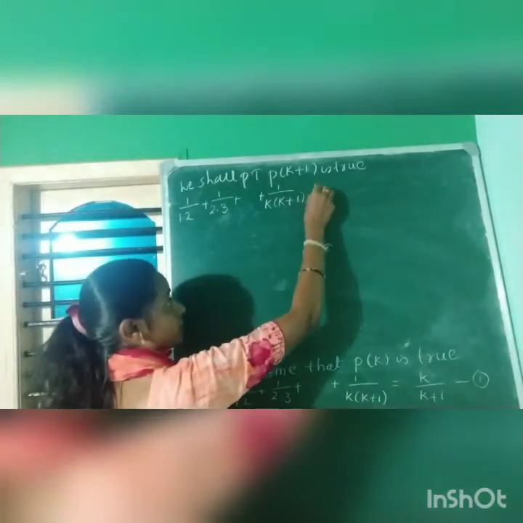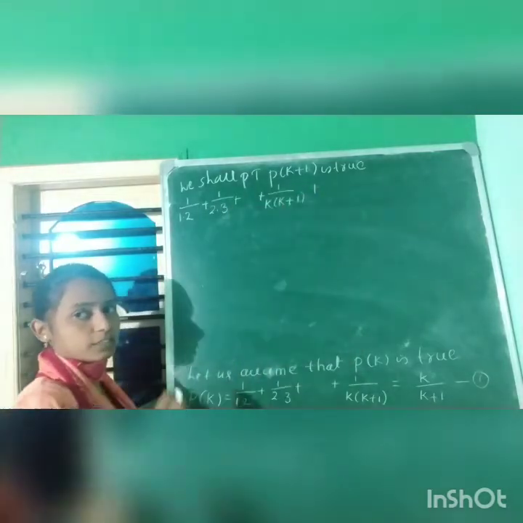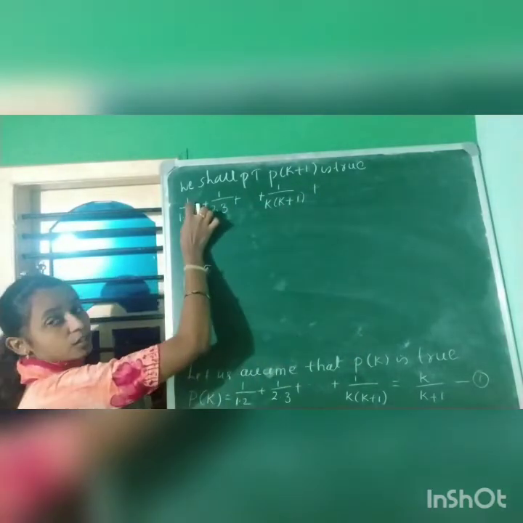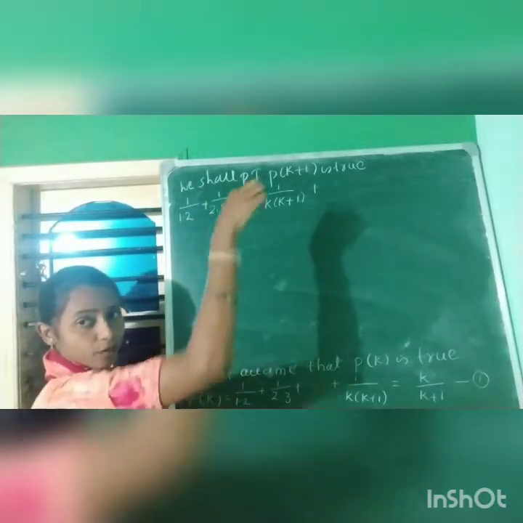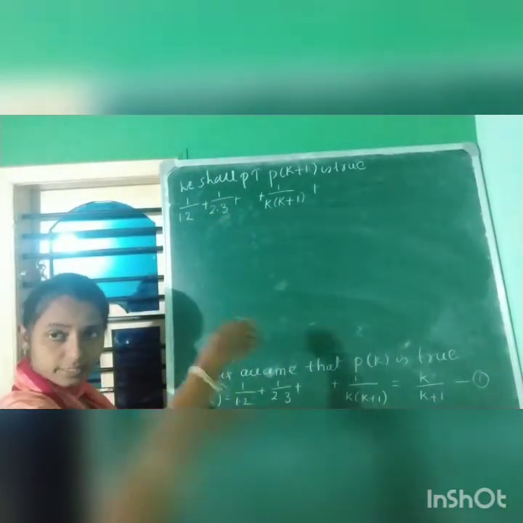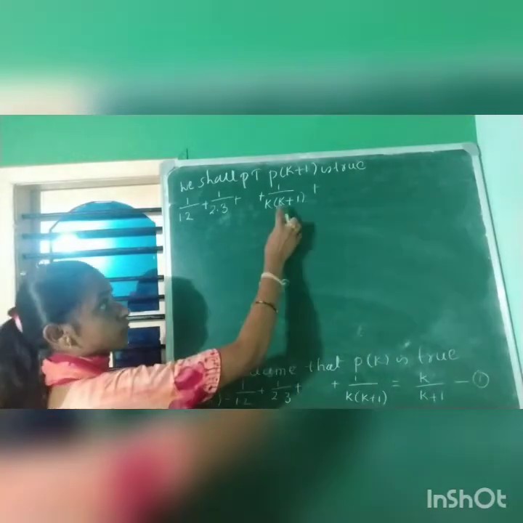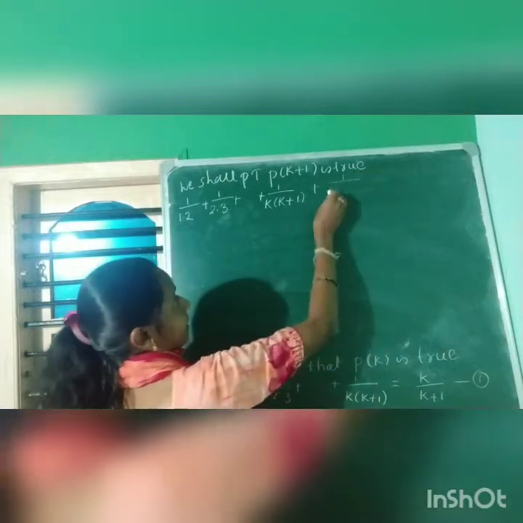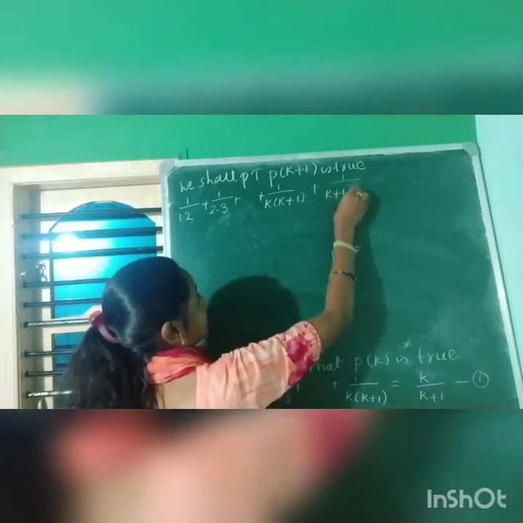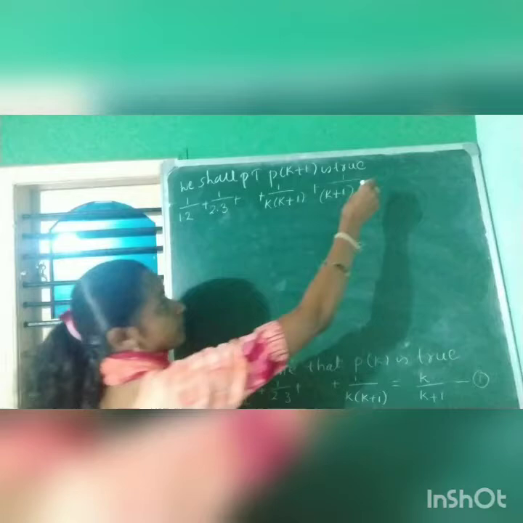Along with this, you have to write the next term of this. Here it is 1 by 1 into 2 plus 1 by 2 into 3 plus 1 divided by 3 into 4. This is the next term, right? So here what I'll write, the next term will be 1 divided by k, k plus 1, k plus 1 will be k plus 2.